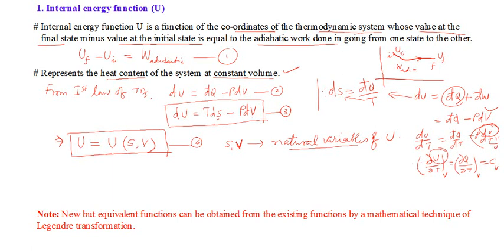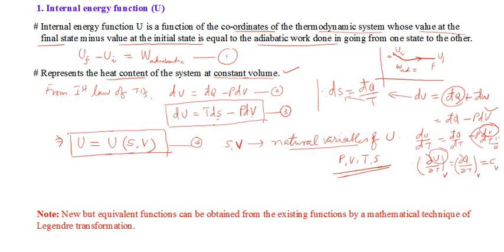Which are the other variables that we are already discussing? We are discussing pressure, volume, temperature, entropy, etc. These are state functions which already have definite meaning. And what we are doing now is defining new functions in terms of any pair of variables.